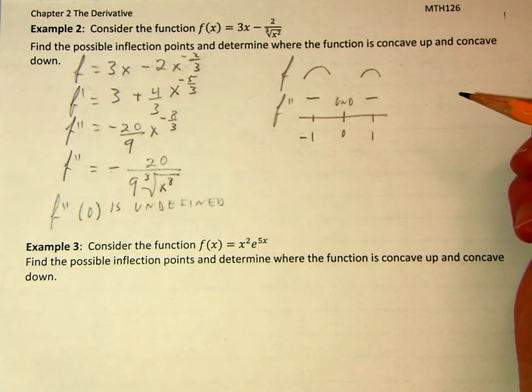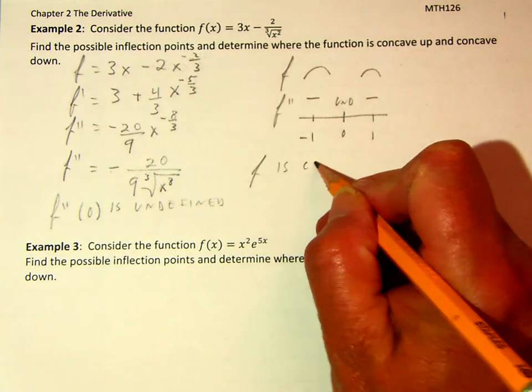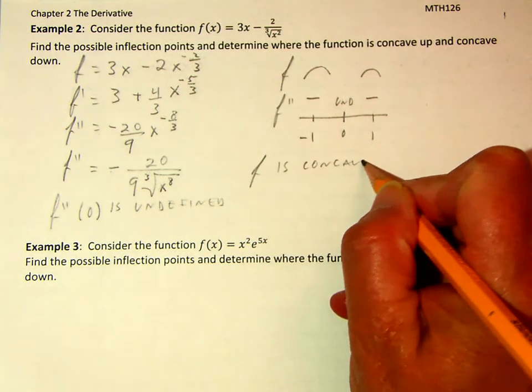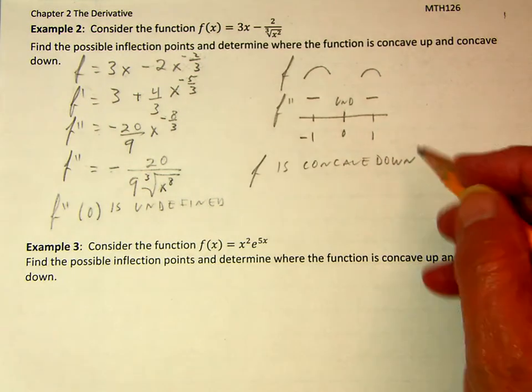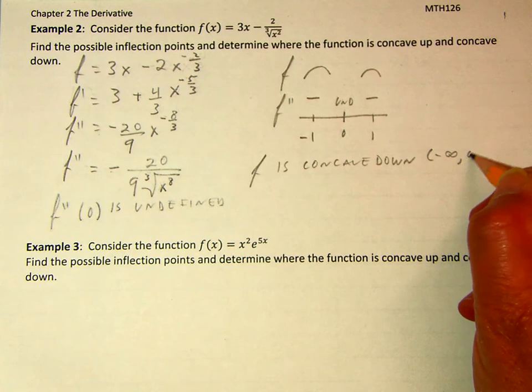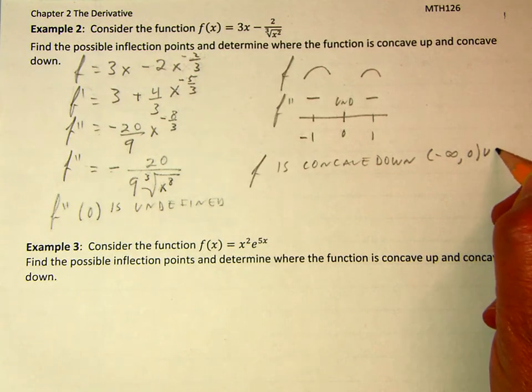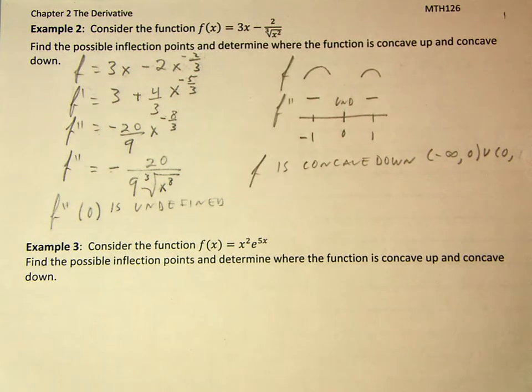So this shows me F is concave down from -infinity to 0, union from 0 to infinity.